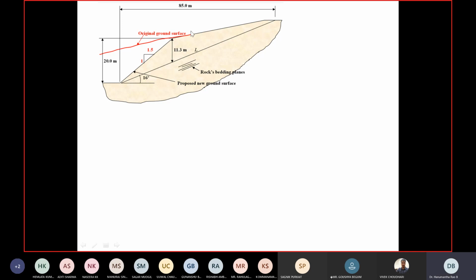Suppose we can consider this entire slope as a triangle with an apex height of 11.3 meter. But you need to determine the base length, that is L. Height is known, then you can follow half base into height.